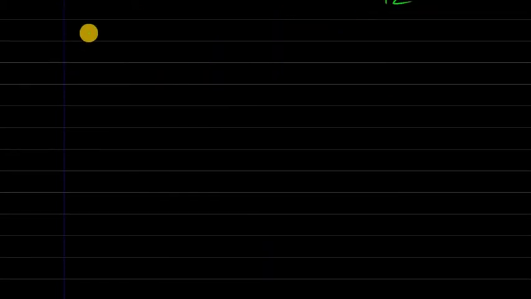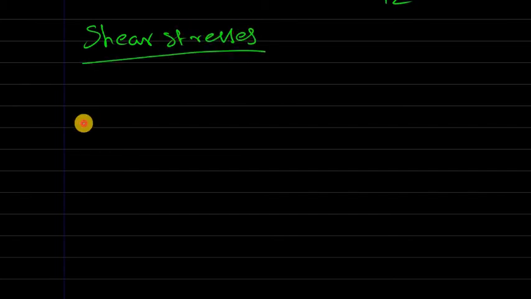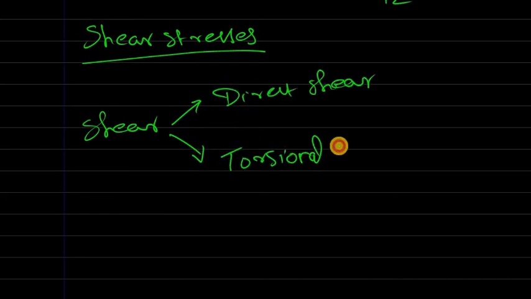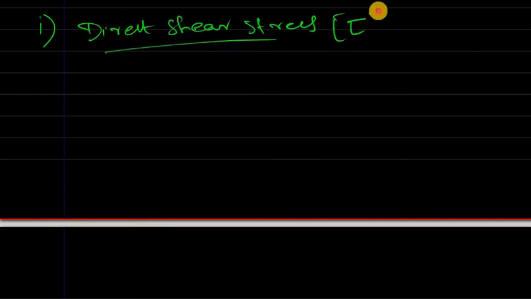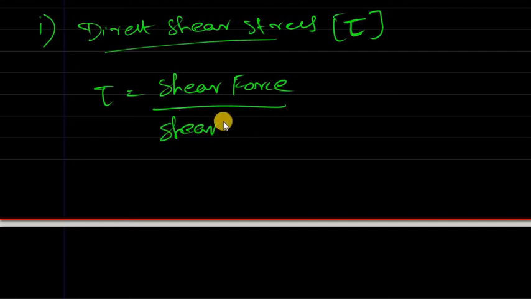Now we will just look at the shear stresses. So we will classify shear stresses like direct shear and torsional shear stress. How is this direct shear stress occurring? We are using the Greek symbol tau to denote the direct shear stress, and we will write it as the ratio of shear force and shear area.